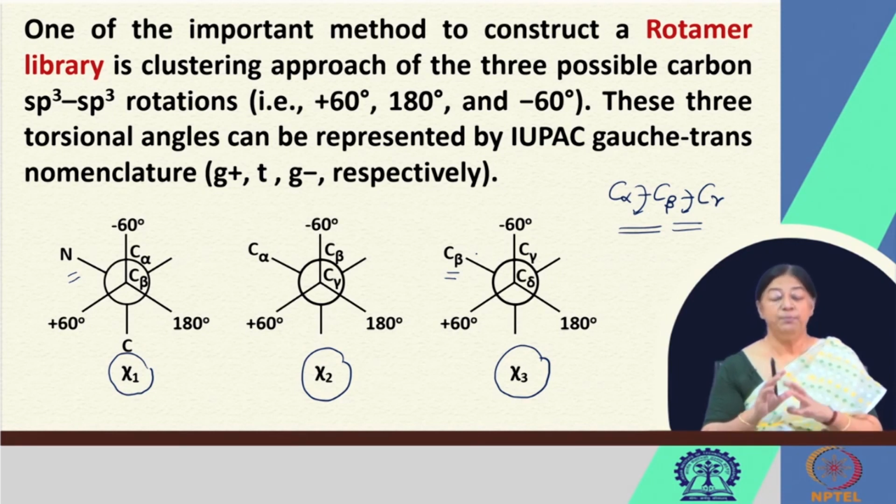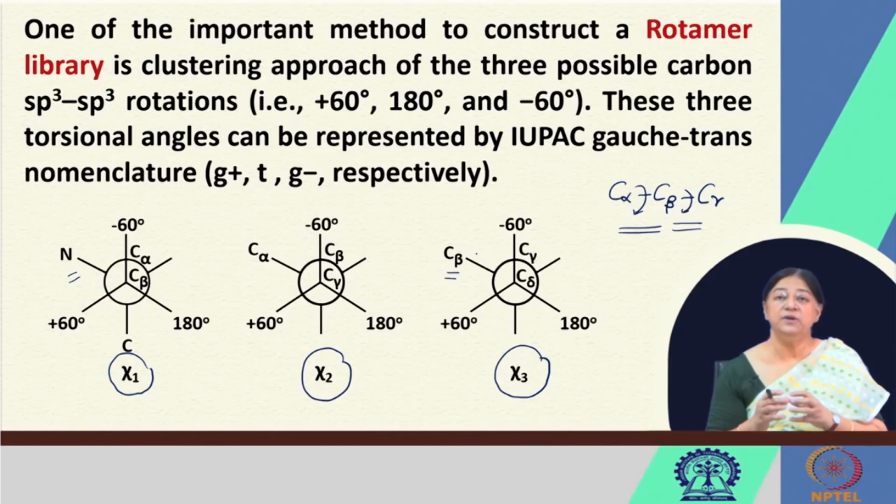So, depending upon the geometry, there can be specific orientations possible so that there are no steric clashes of the atoms coming together or the atoms bumping into each other. So, this is where we have specific geometrical constraints depending upon the structural characteristics of the amino acid side chains, the chi 1, chi 2, chi 3 angles.